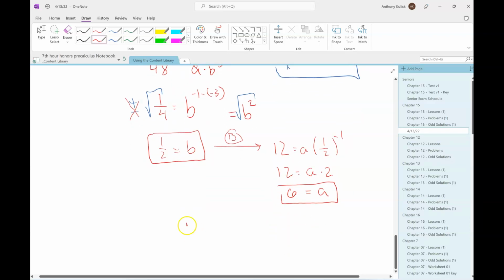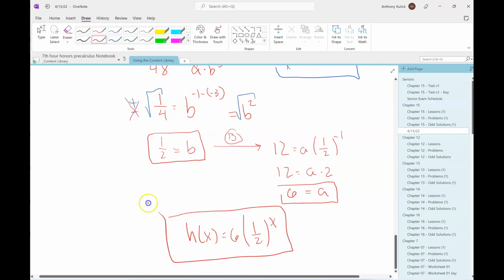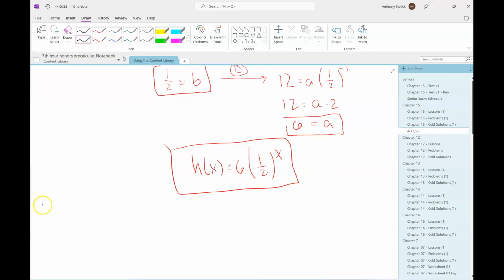There's my value for a. There we go. A little bit worse, but not so bad, right? Still not too bad. Everybody doing okay so far? All right.